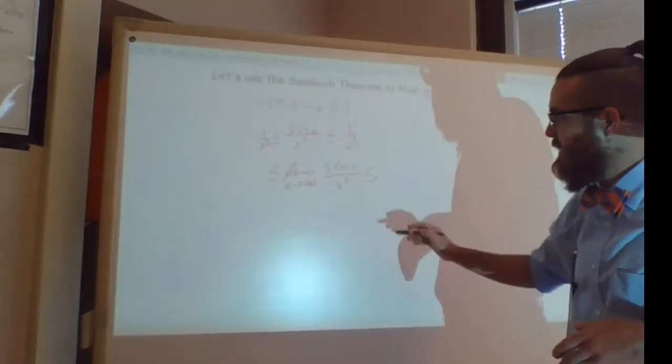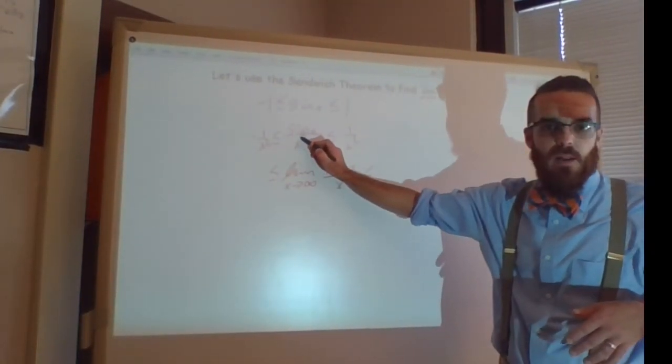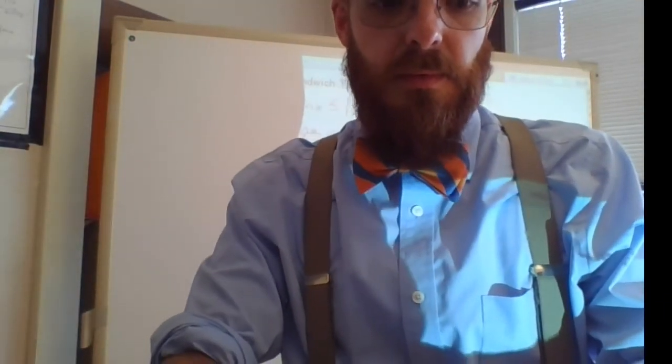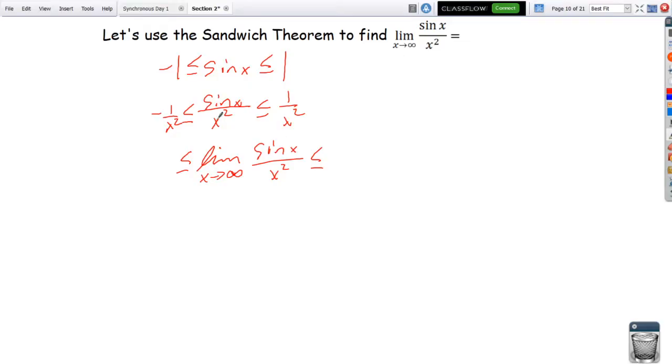The sandwich theorem says if I apply the limit on one side of the inequality, I have to apply it on all 3 sides. So now I'm doing the limit as x approaches infinity of -1 over x squared, and the limit as x approaches positive infinity of +1 over x squared.